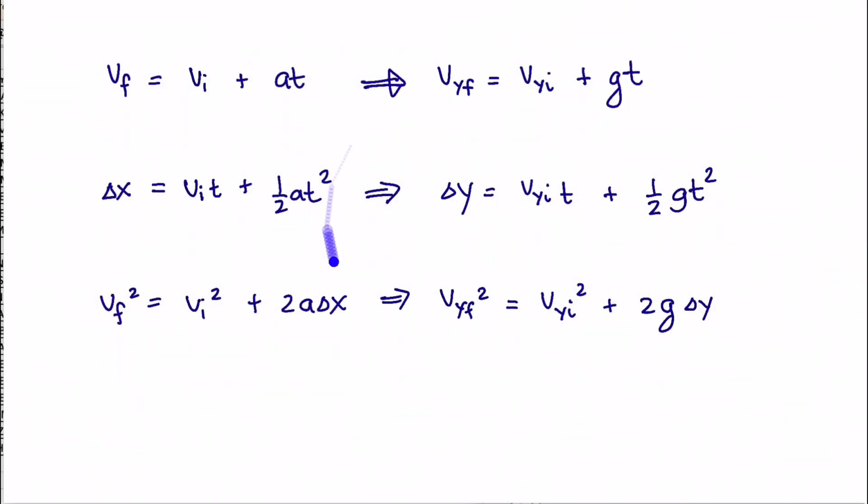Now, having these equations, you also need to remember that your initial vertical velocity is equal to Vi sine theta. And therefore, we could actually write this equation as Vyf is equal to, instead of Vy initial, Vi sine theta plus gt.